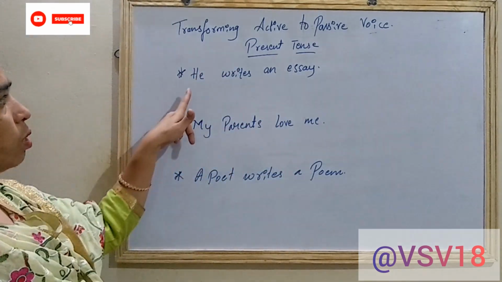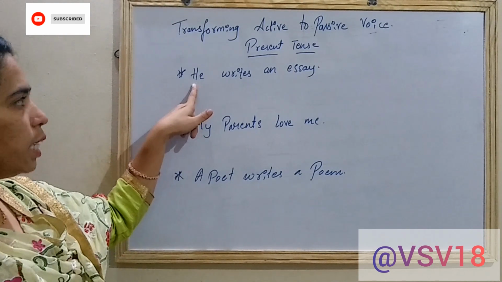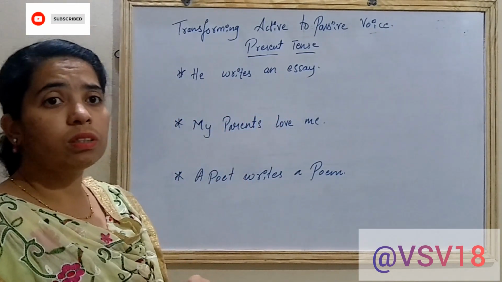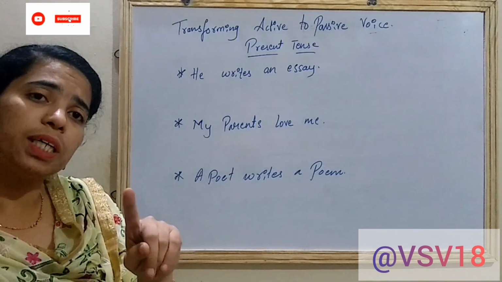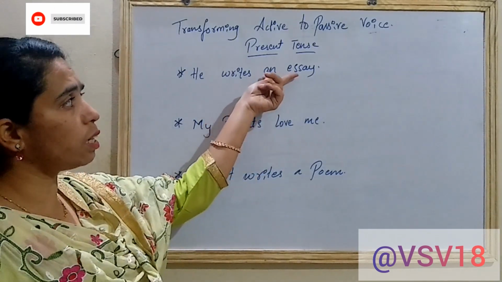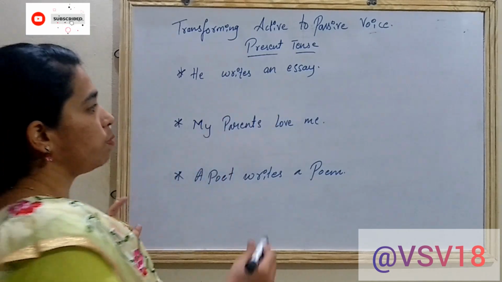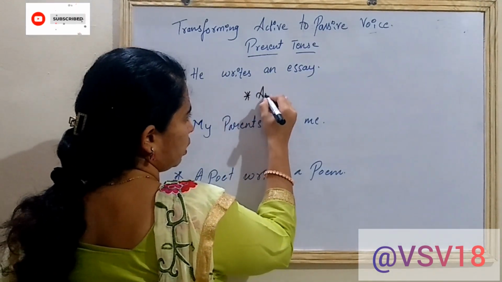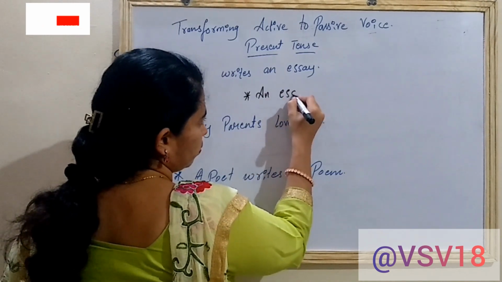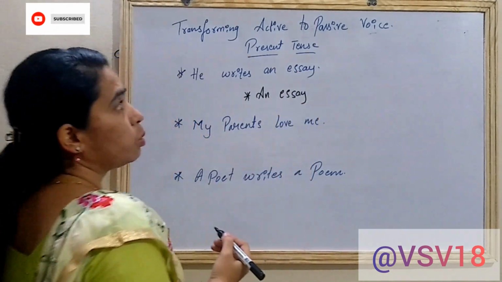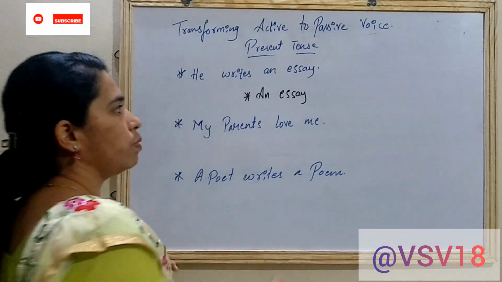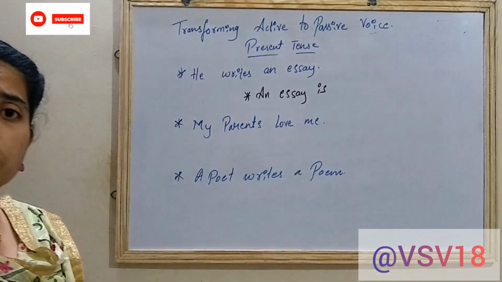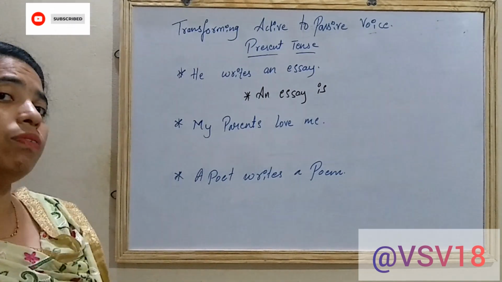Okay. So first identify the subject: he, and the object is an essay. What was the third rule? Subject becomes object and object becomes subject. So which is our object? An essay. We will write that first. An essay. To maintain the tense of the statement, we will write is. What was our fourth rule?